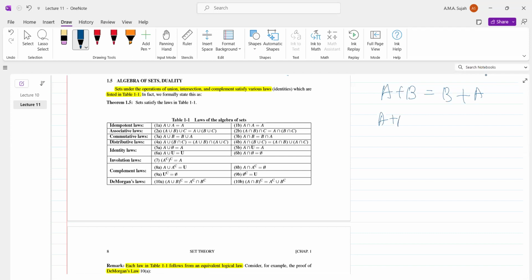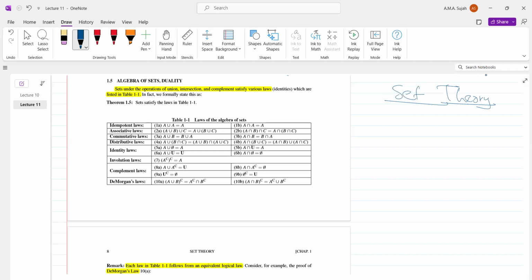Likewise we discussed number laws or number properties. Similarly, in set theory also, we have a set of principles, a set of laws. We will look at what the laws are one by one.